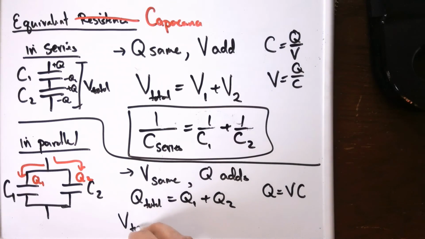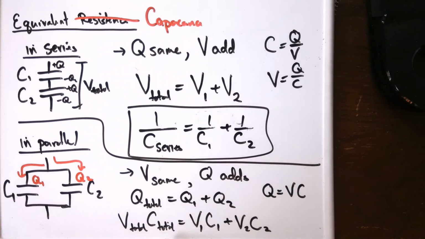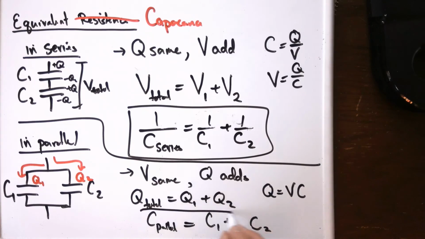The total voltage times the total capacitance equals the voltage on 1 times the capacitance of 1 plus the voltage on 2 times the capacitance 2. But voltage is the same for things that are in parallel, so we can just divide out the voltage. And then we'll get the total capacitance for things in parallel is just the sum of the two capacitances.